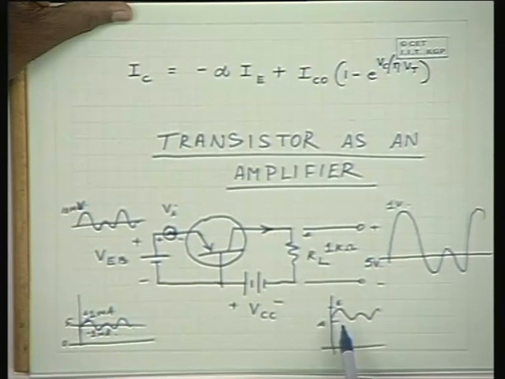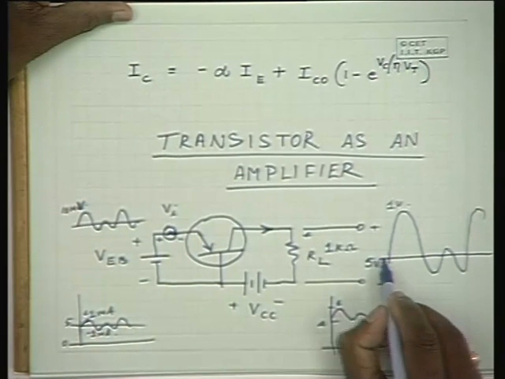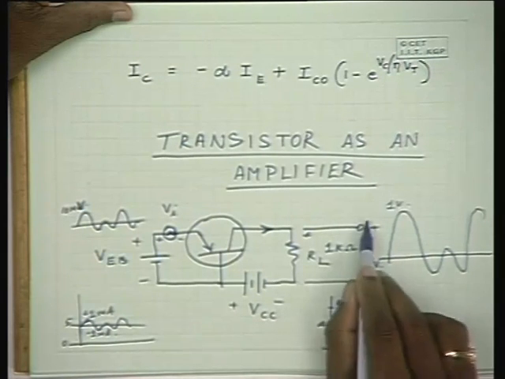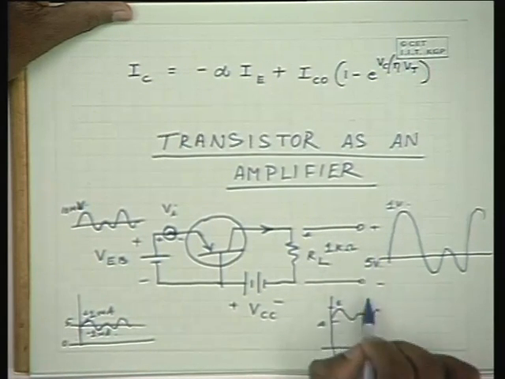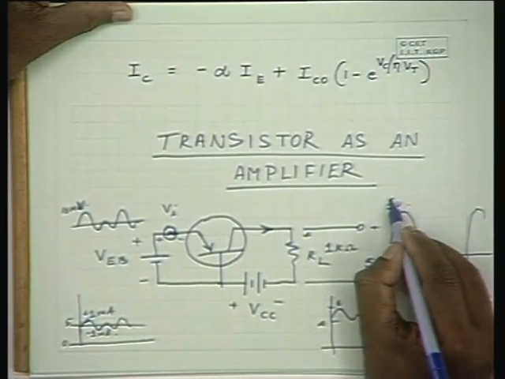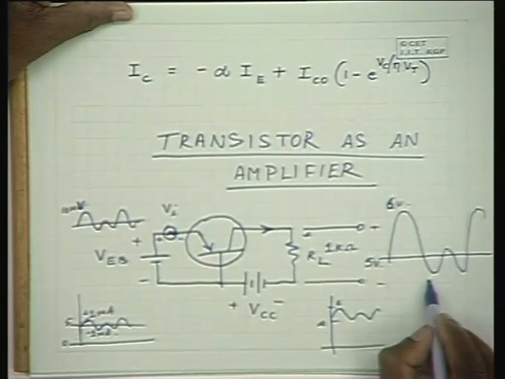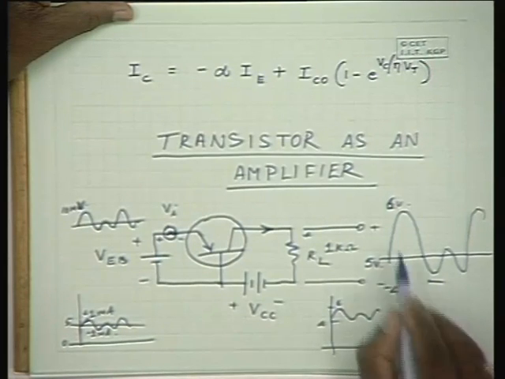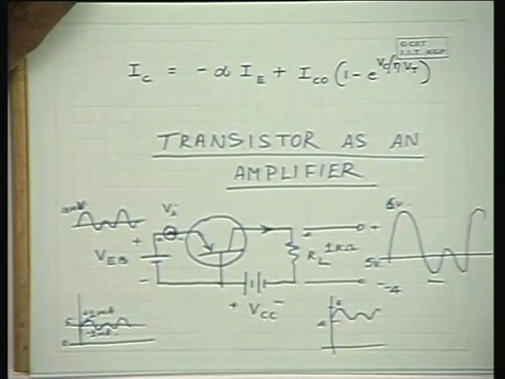the voltage, which was 5 volts before applying this signal, will now go down to 4 volts on the negative side and up to 6 volts on the positive side.